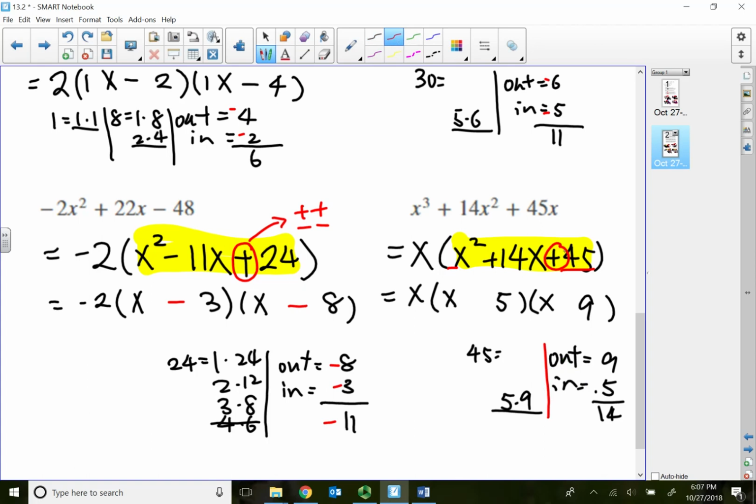When the last sign is positive, the choice of signs inside the parentheses is plus plus or minus minus. Since I need a positive 14 as the middle term, both of my parentheses have to be positive, because my inner and outer have to be positive in order to end up with a positive 14. So my answer: x times x plus 5 times x plus 9.